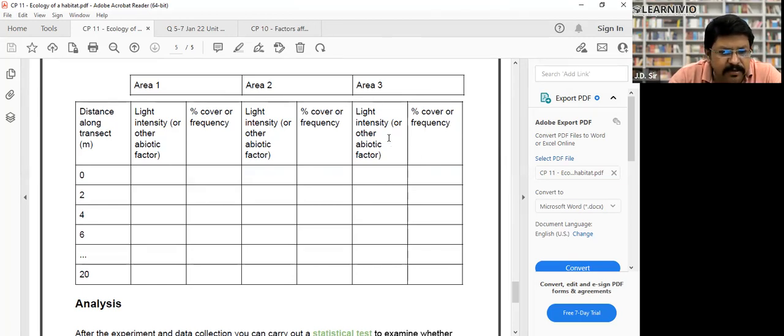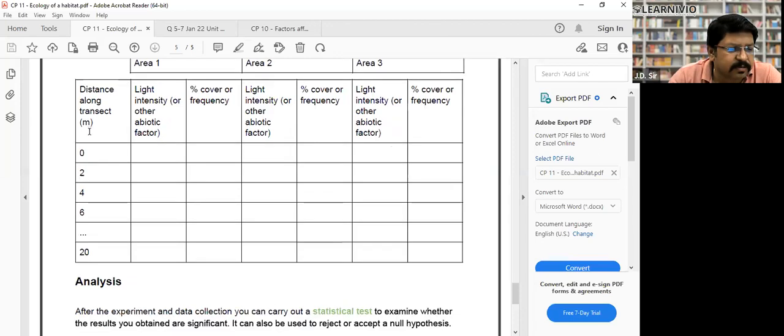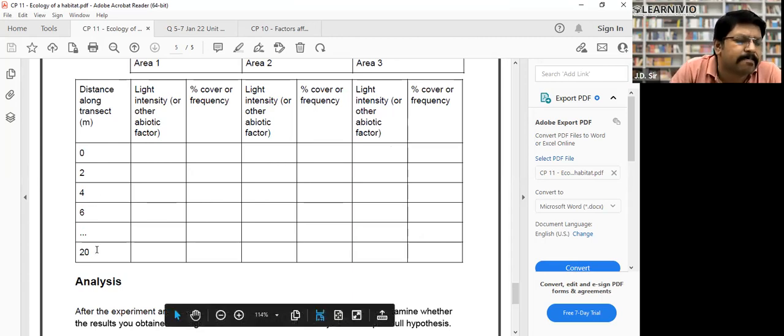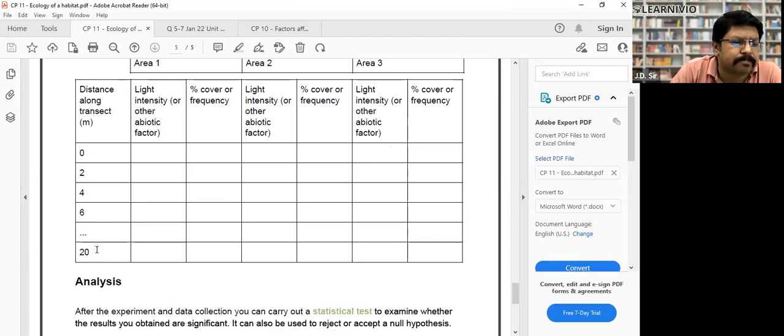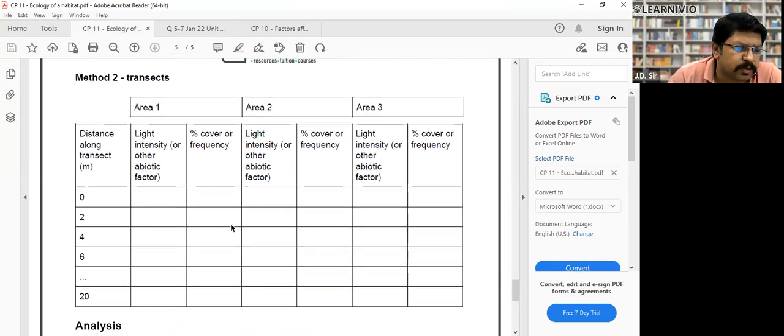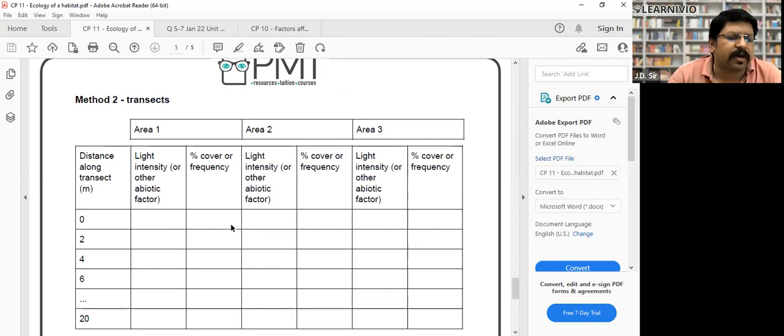Distance along transect: 0, 2, 4, 6. What is that? Transect method.